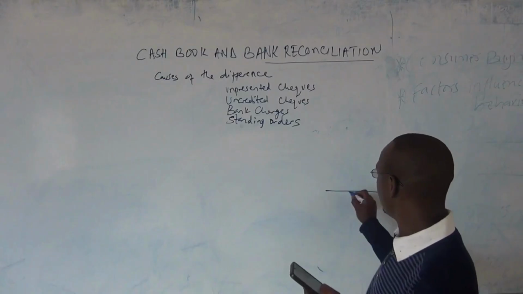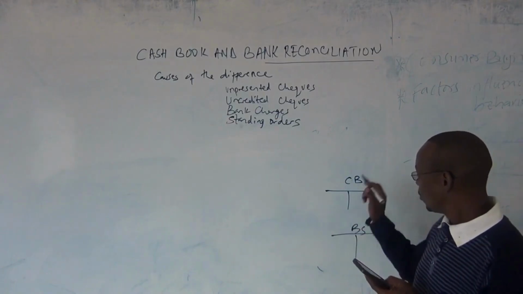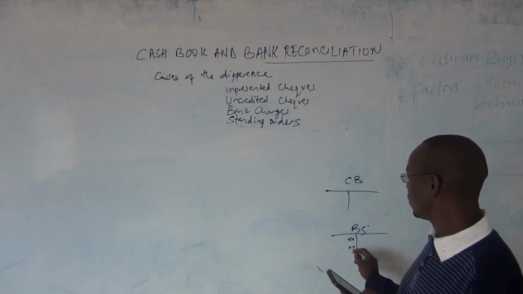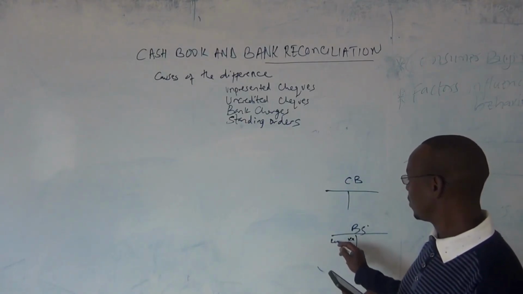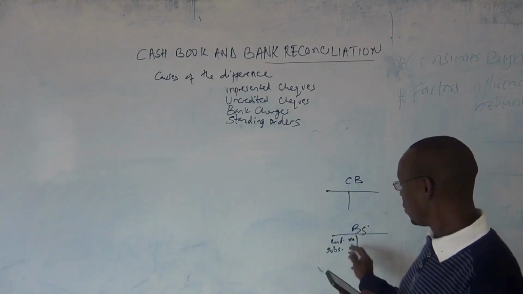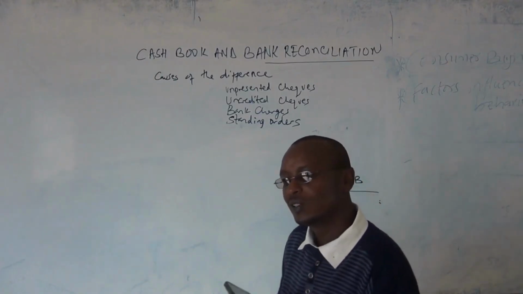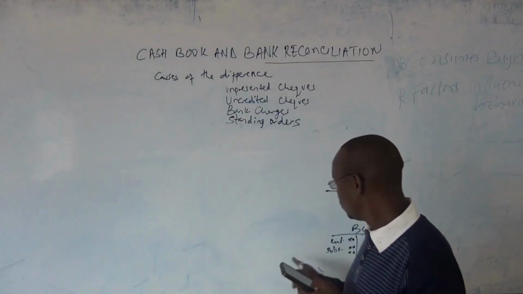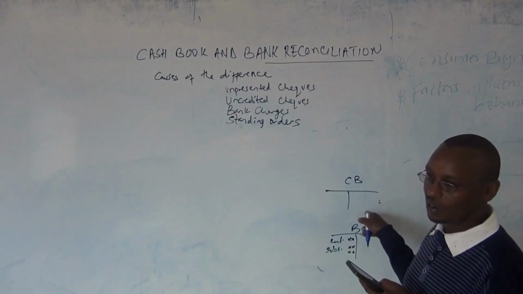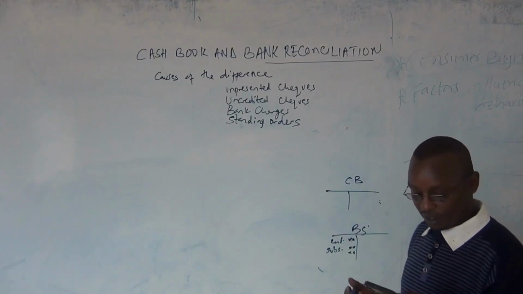So what will happen here in the cash book, and this is the bank statement? The bank, when they pay the standing orders, will show you: we have paid rent, we have paid the subscription for the sports club, we have paid something else. But you cannot know on which day they paid, until you get the statement. That is when you know that expense was omitted. So the standing orders also make that difference.